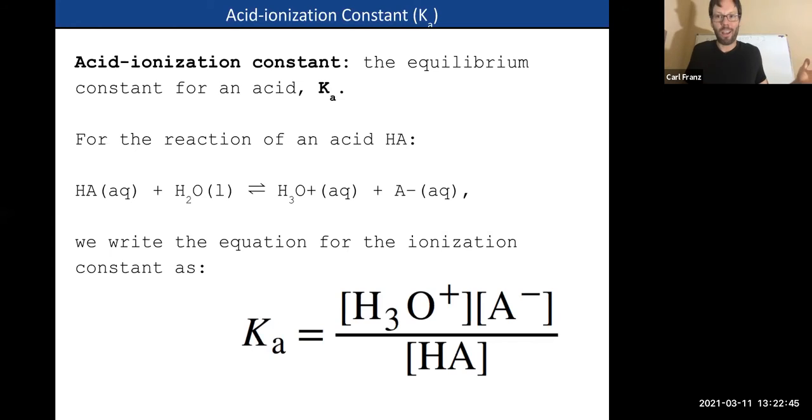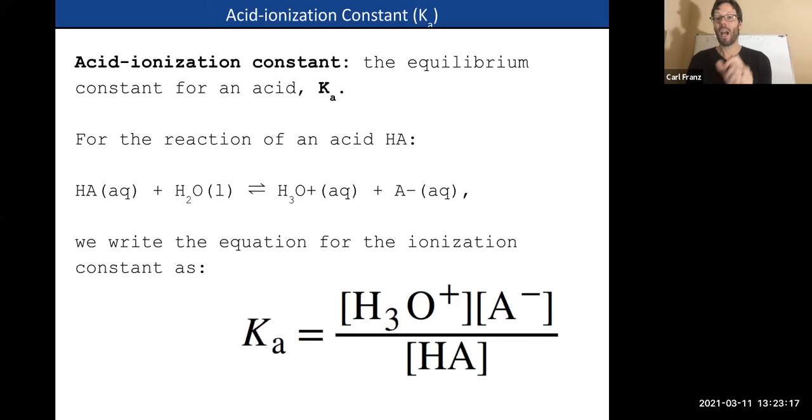But nothing's changed, really. We're still writing it out as an equilibrium expression with products over reactants. And we're still going to do our ICE tables and all that good stuff. The only difference is now that x isn't necessarily just simply the change. I mean, it is the change, but it is specifically, for Ka, the hydronium ion concentration.